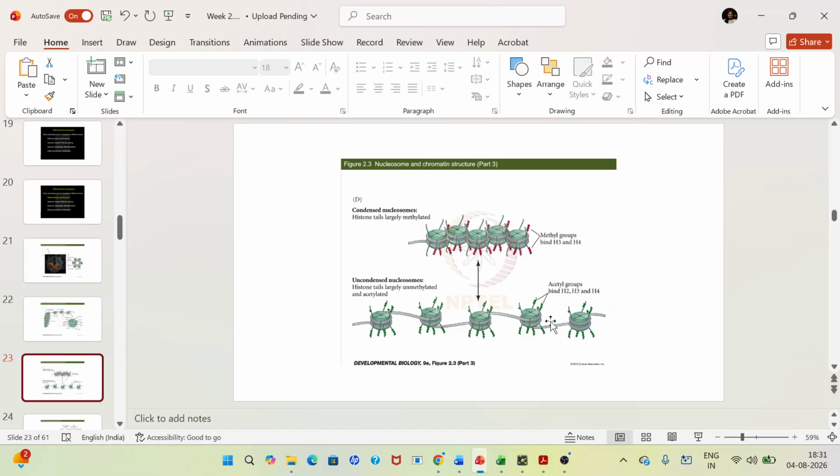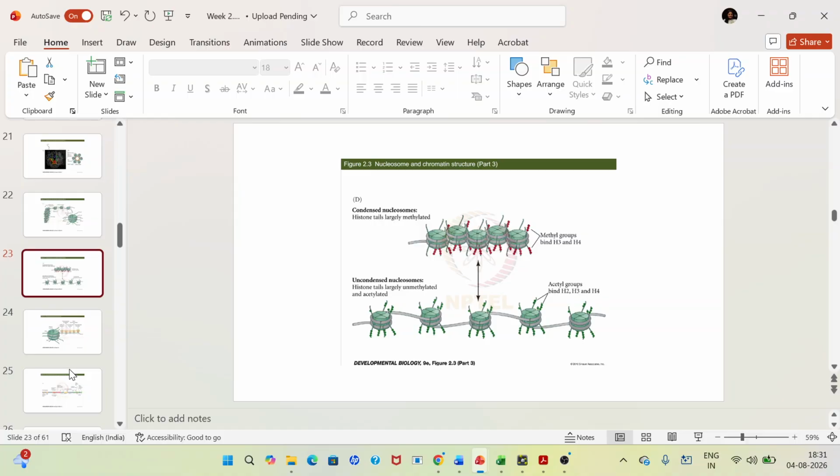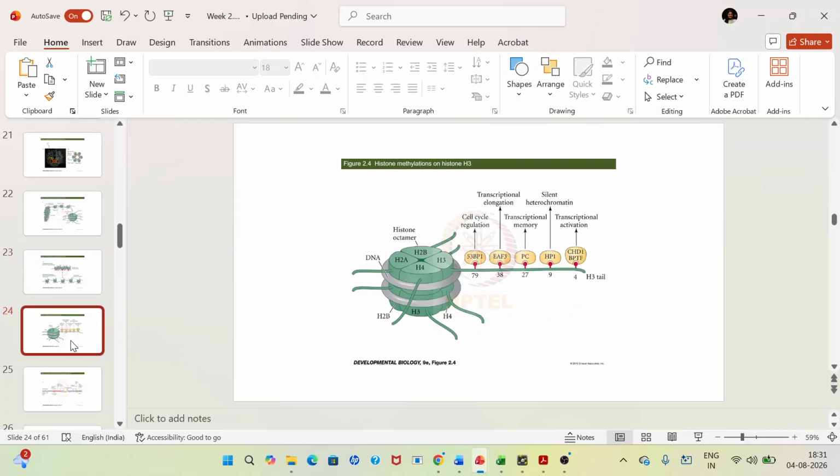Okay? So acetyl groups get attached to H2, H3 and H4 histones, and methyl groups get attached to H3 and H4 histones. Okay? Next are other kinds of modifications, basically methylation that happens. Not all methylations are inactivating, some are activating also.